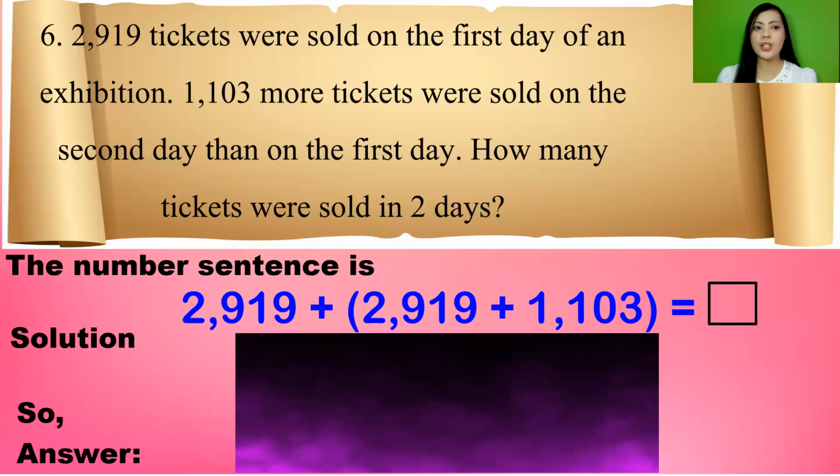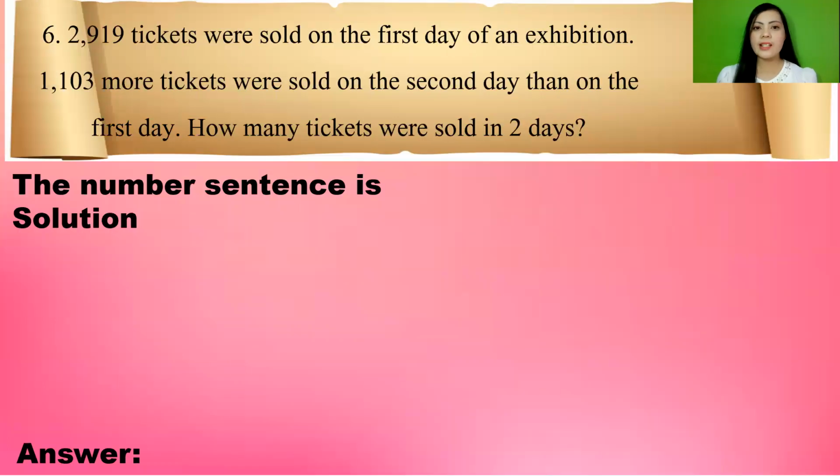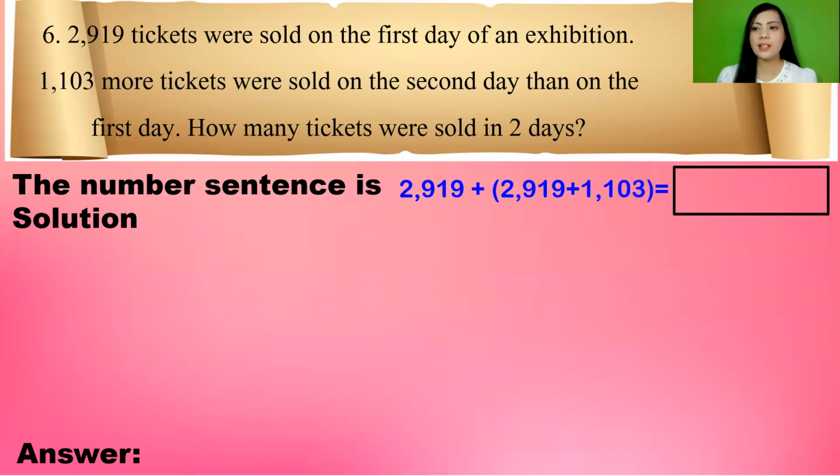All right, I think you are finished there. You have done it. So this is the answer for number 6. You can check by yourself. This is the number sentence: 2,919 plus, in the bracket, 2,919 plus 1,103, equal to blah.